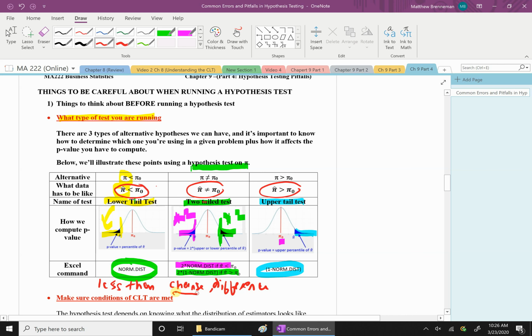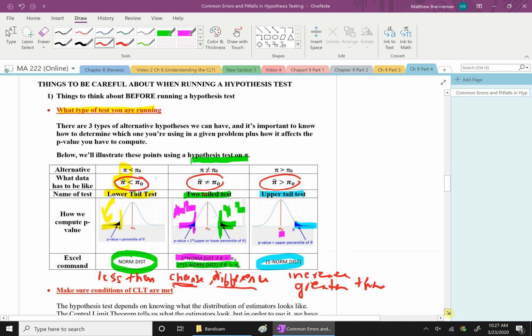So you're going to be looking for words like, has there been a change or a difference? And here, of course, you're going to be testing to see if the parameter value increased. So you're going to be looking for words like increased or greater than, something like that. Because remember, these are all going to be word problems, so you're going to have to puzzle through this. Okay, so that's the first thing you have to be careful about.